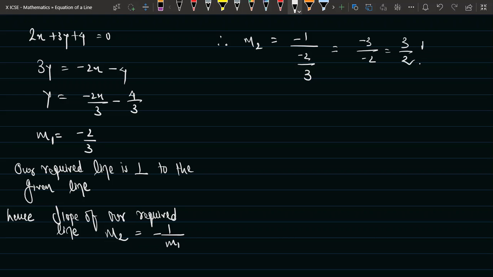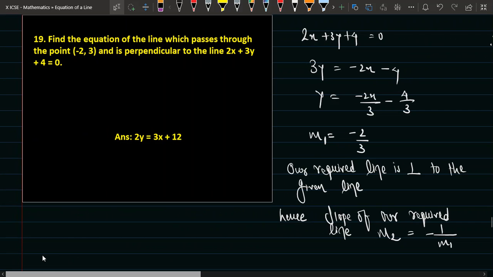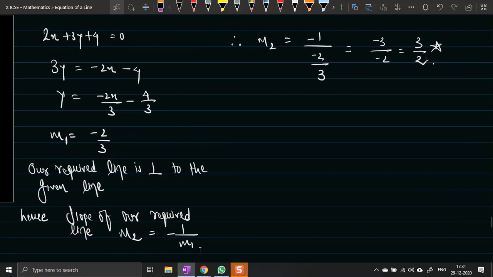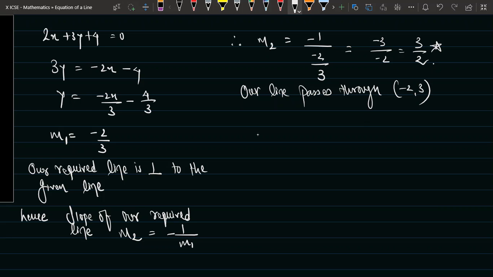So what we have got? We have got the slope. Now we have already been given the point. What is the point? Minus 2 comma 3. Our line passes through minus 2 comma 3.